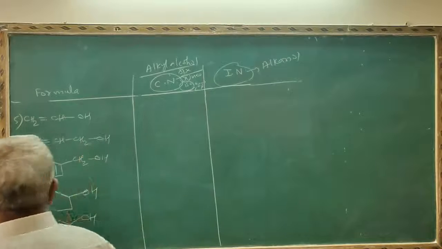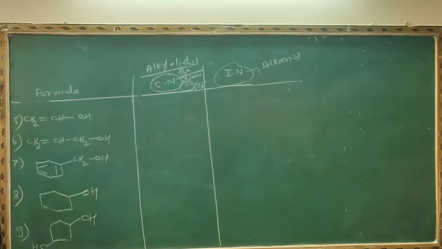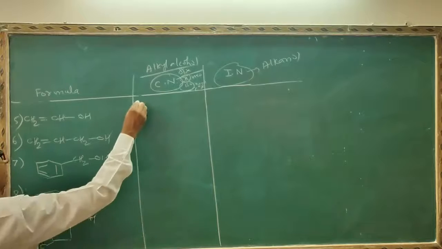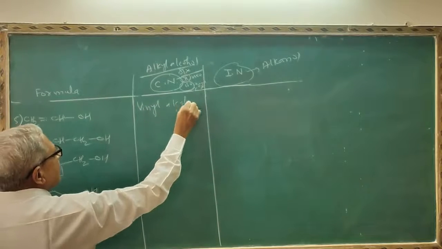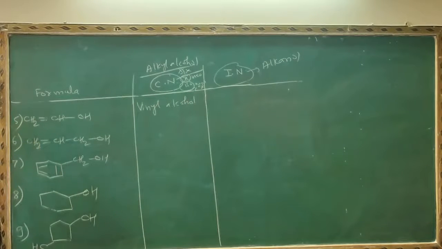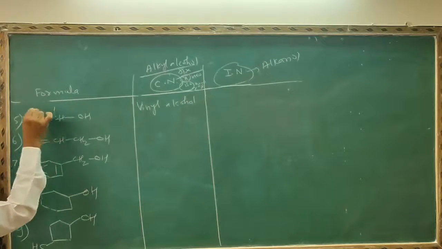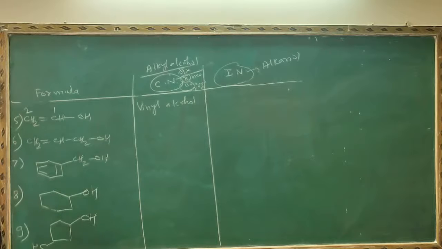Now see here, what is the name here? I was explaining in the classification, the OH group is attached to the sp2 carbon atom. This is vinyl alcohol. IUPAC name: this is carbon number 1, carbon number 2.